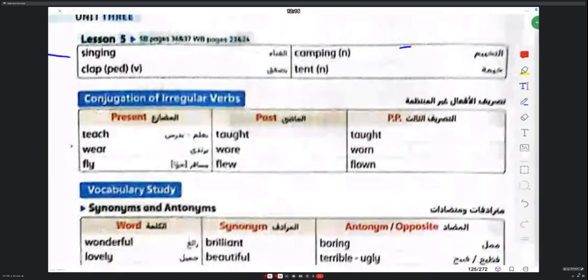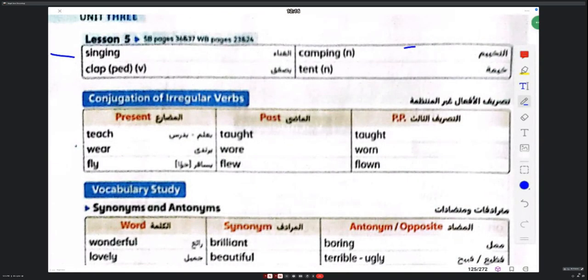You printed it. I wrote it. Teach, taught, wear, wore, worn, born, live, told. Luigi: Singing, clap, camping, tent. Revision of irregular verbs: present, past, past participle. Teach, taught. Wear, wore, worn.